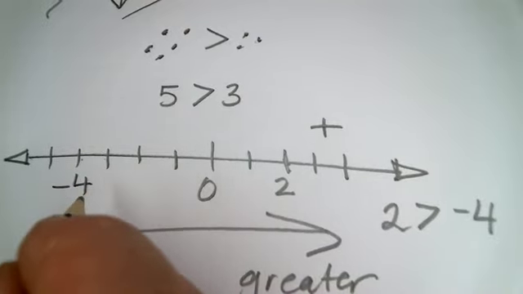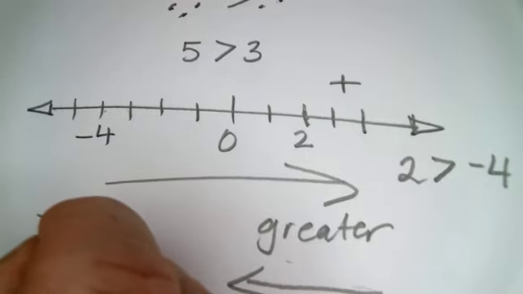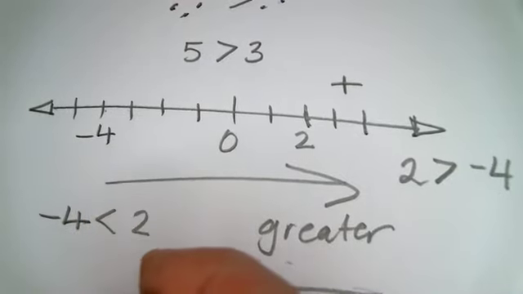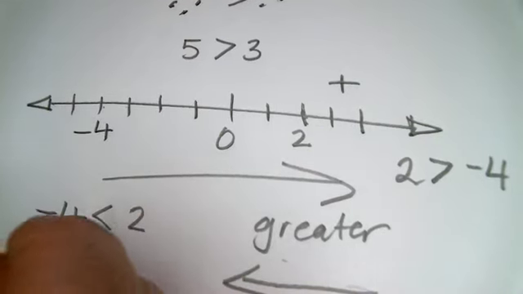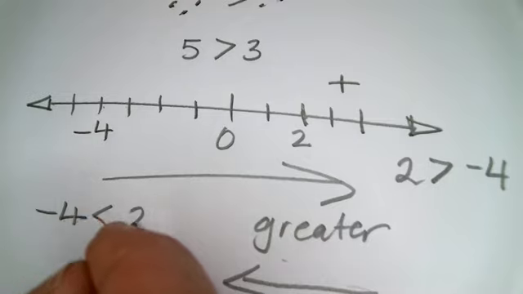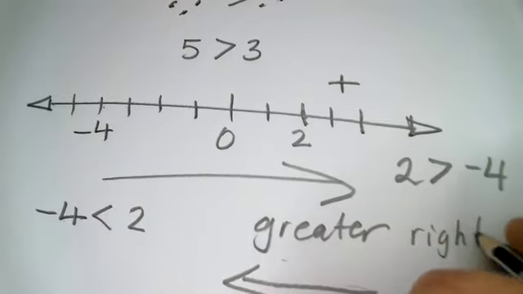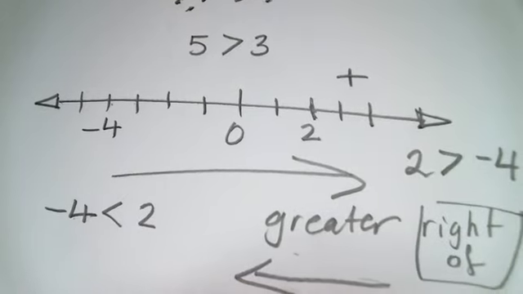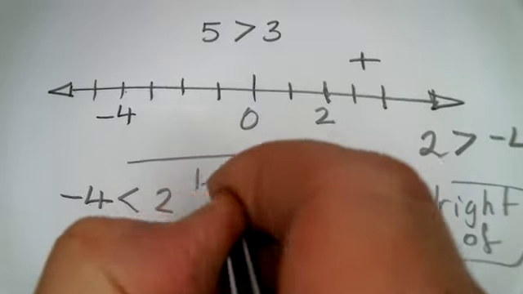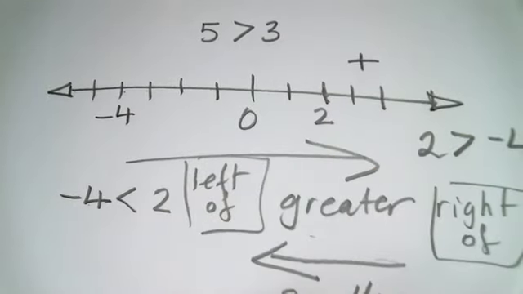You'd also say negative 4 is less than 2, or plus 2 if you like. Why? Because negative 4 is to the left of 2. Greater is to the right of. Less than is to the left of when we're looking at the number line.